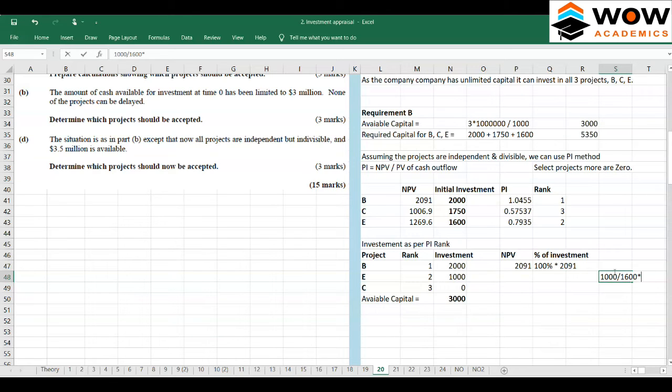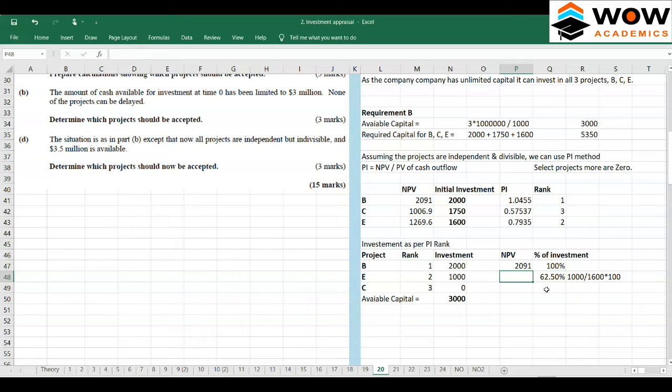So into 100, this will give us the investment percentage. So this gives us 62.5%.